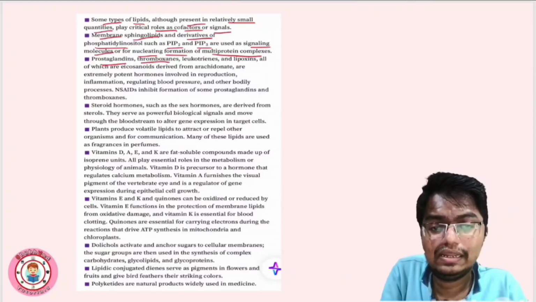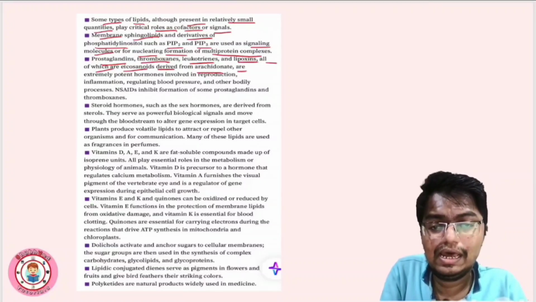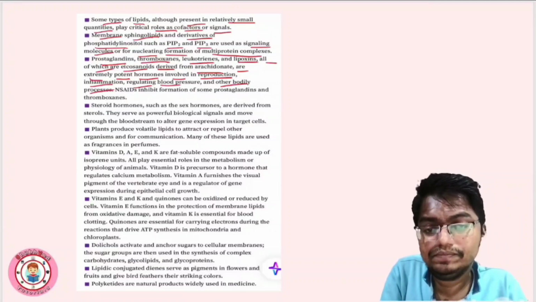Prostaglandin, thromboxane, leukotriene and lipoxin, all of which are eicosanoids derived from arachidonic acid, are extremely potent hormones involved in reproduction, inflammation, regulating blood pressure and other bodily processes.